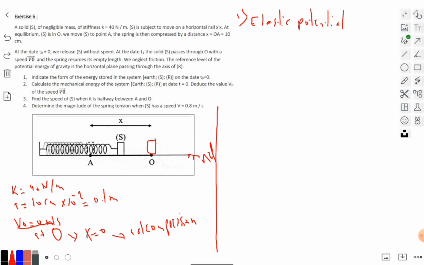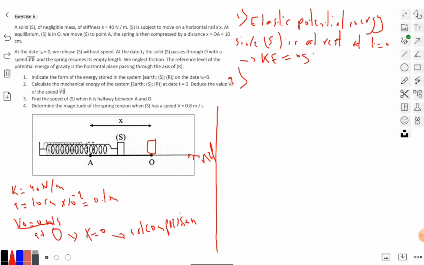Since S is at rest at t equals 0, kinetic energy equal to 0 joule.